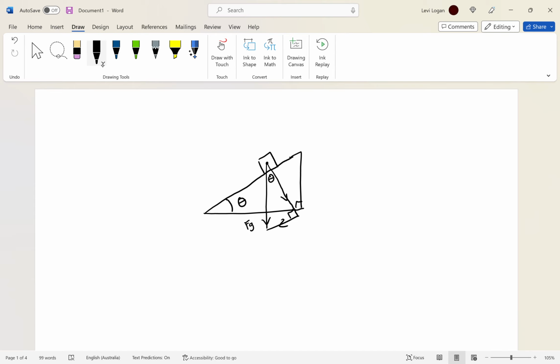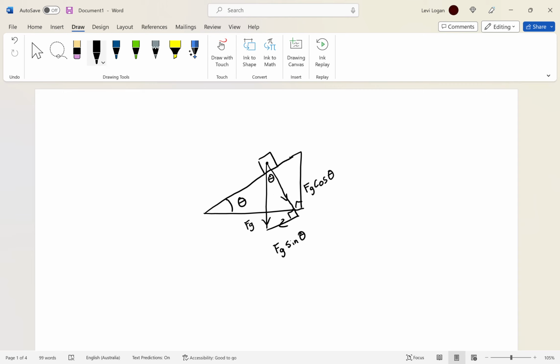The force of gravity is the hypotenuse of this little force triangle. Now, the force this way is going to be the force of gravity multiplied by the sine of the angle, okay? The force here is going to be the force of gravity multiplied by the cos of the angle, okay?